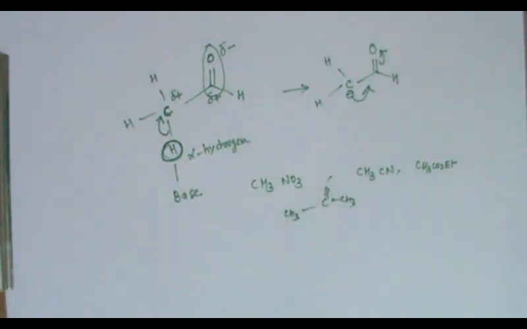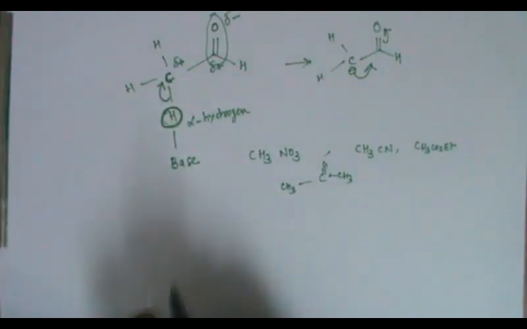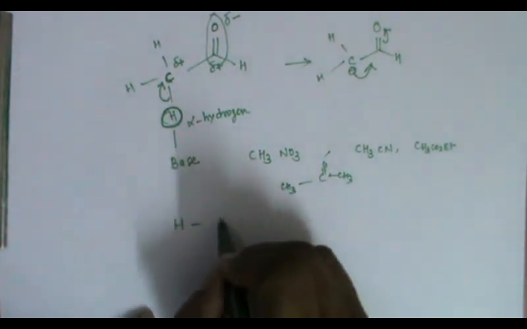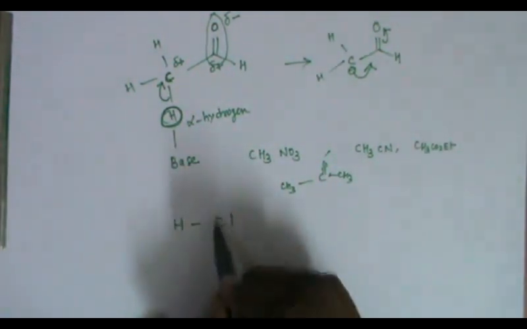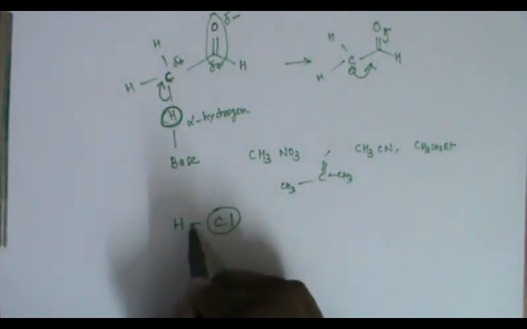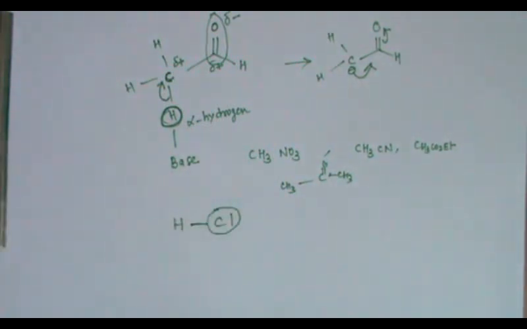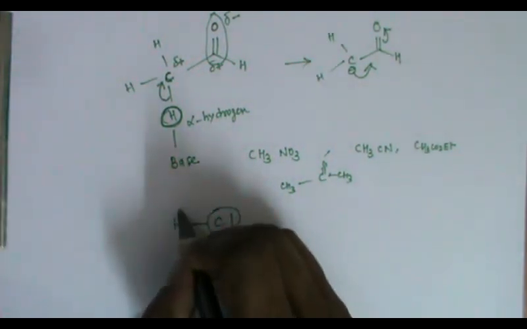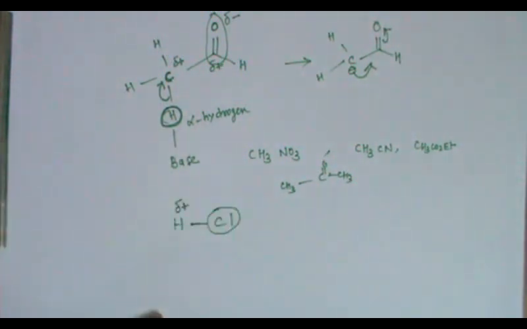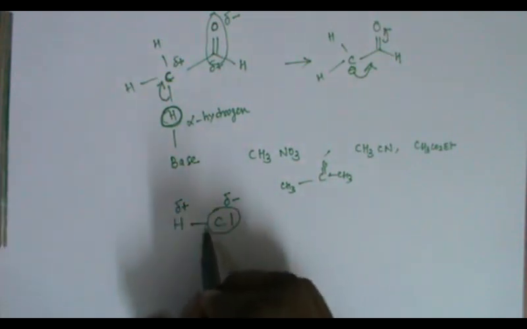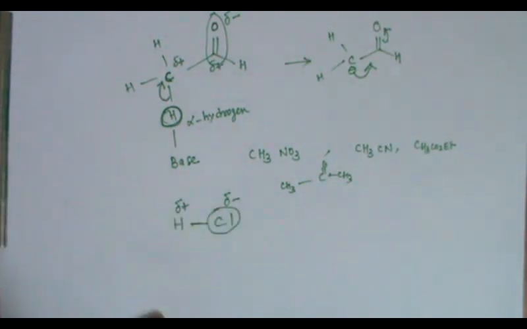You can compare. Suppose it is like this, a more electronegative atom directly attached to H. Then there will be more del plus on this and del minus on this, so it tries to pull the electrons from the hydrogen.